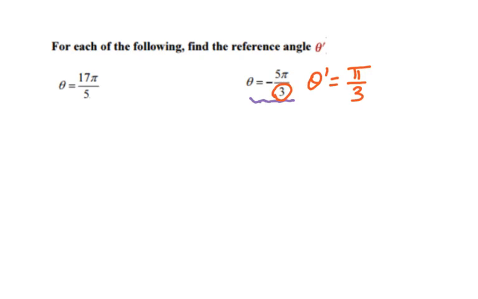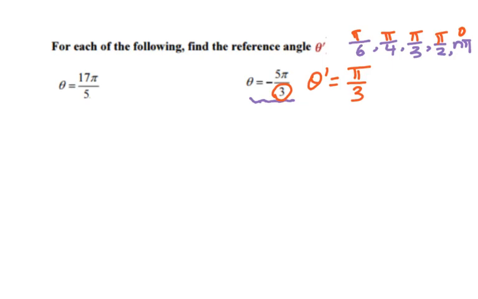As long as your denominator is 6, 4, 3, or 2, or it is n pi, then you don't have to work out the reference angle. The reference angle will be pi over 6, pi over 4, pi over 3, pi over 2, or 0.